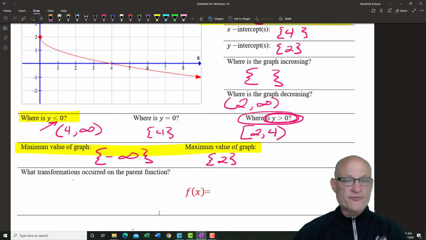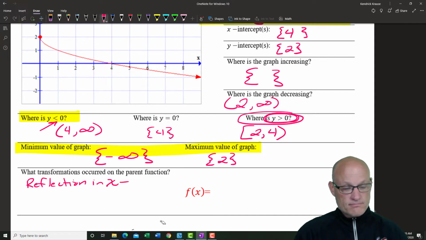All right, what transformation? It normally should be going up, but now it's going down. So we know that there is a reflection in the x-axis. So we're going to put a negative out front. It's not going in both directions, so I know it's a square root. I just don't know if I need a dilation.